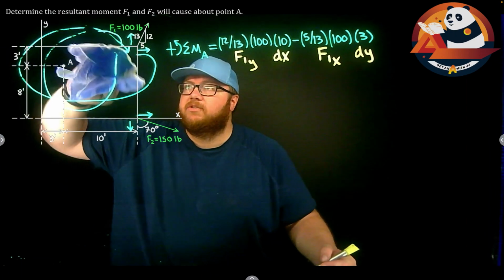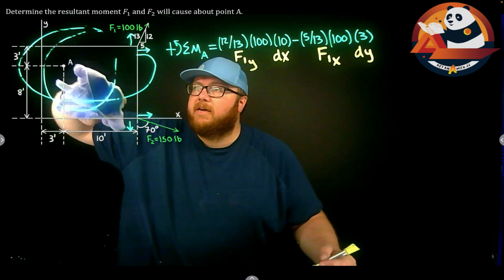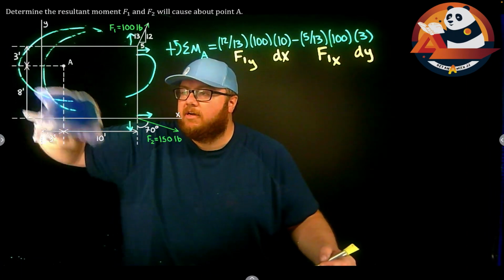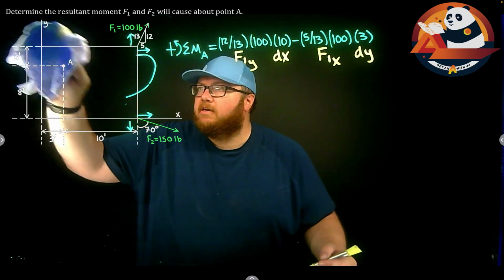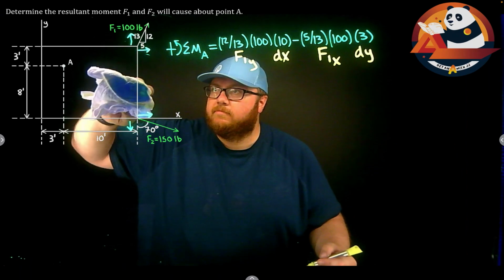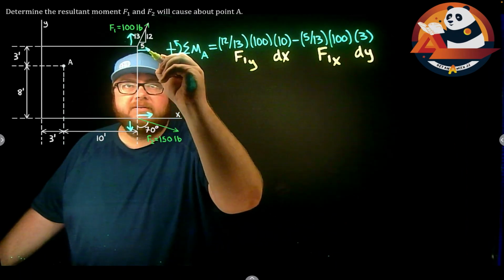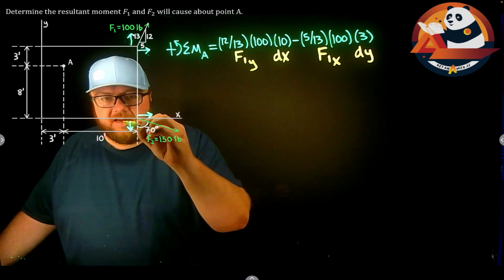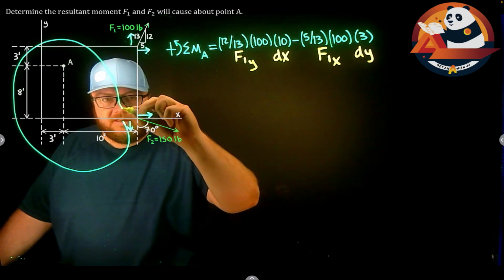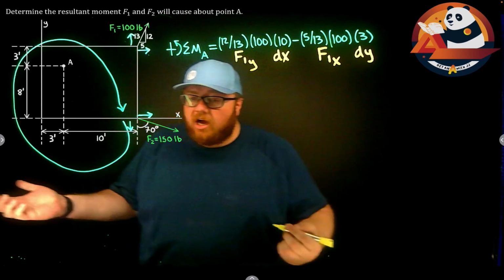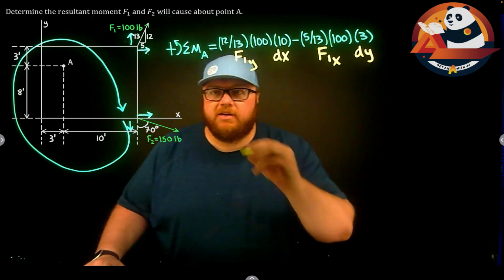I'm going to erase these first two just so we have a little bit more space to keep this from getting super cluttered. We're just going to set up and do moments again. So we have that y component. If I follow the arrow, I circle around A, we're going to get something that looks like that. It went clockwise, so I need to subtract this out.